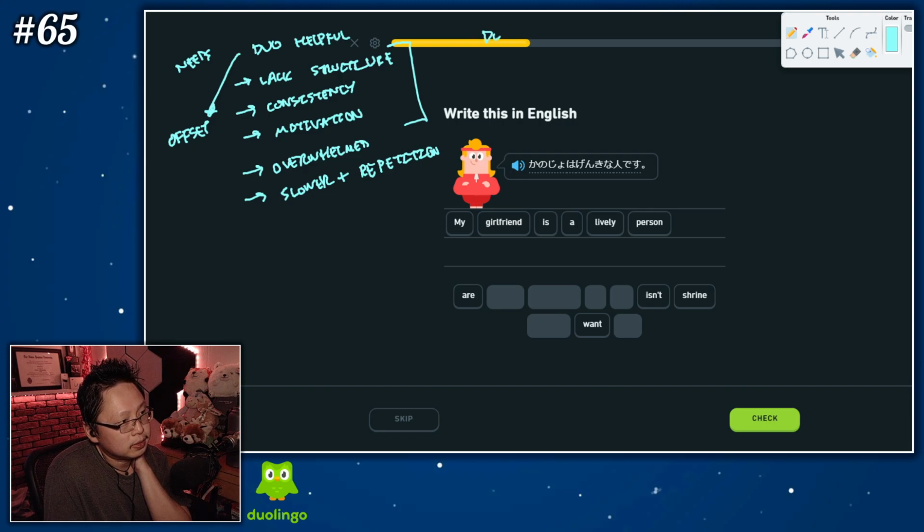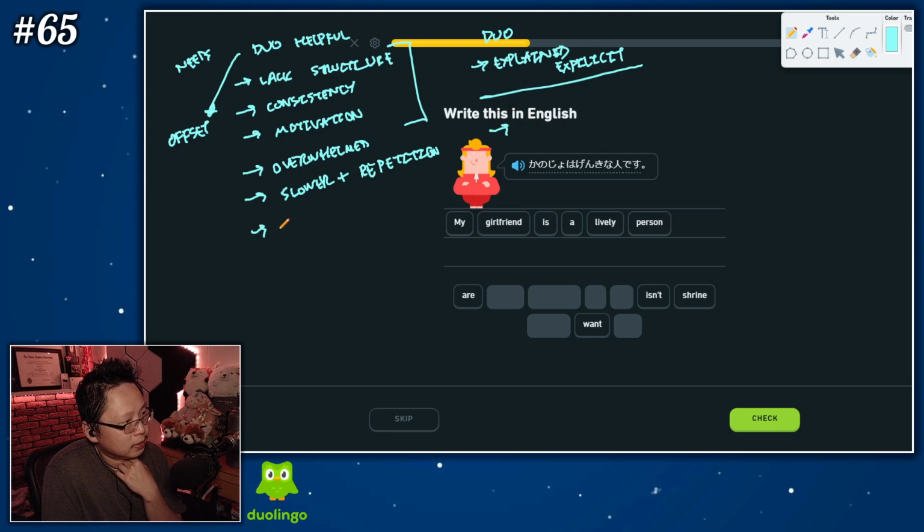What Duolingo doesn't do is explain things explicitly. That's a big one. Explained explicitly, this is not it. Duolingo will do a minimal amount of this.